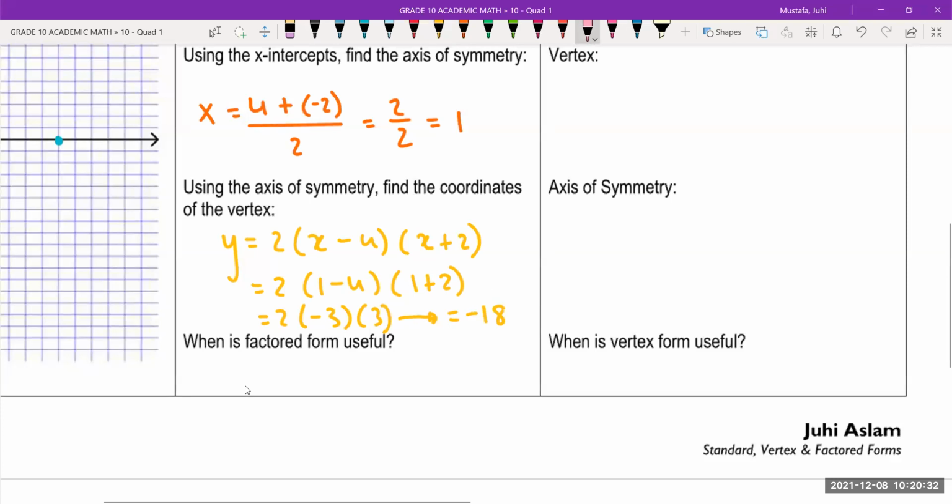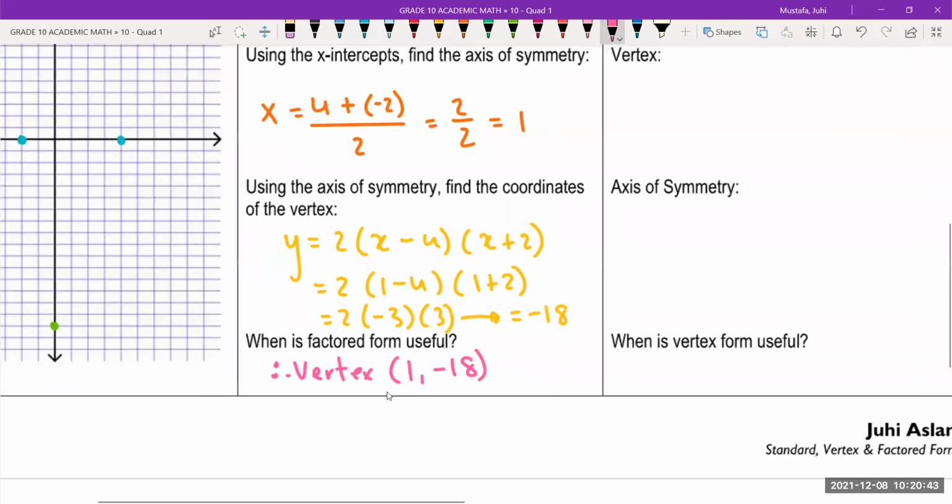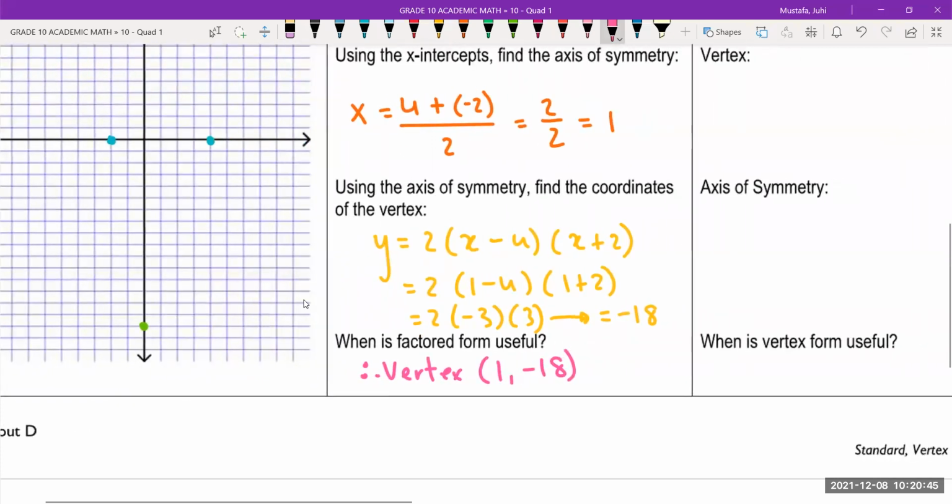And I know this question is not asking for it here, but I'm just going to write it down right here. Therefore, vertex is at (1, -18). And I'm just going to put that in as well right over here. No, that's not (1, -18). (1, -18) is right over here.